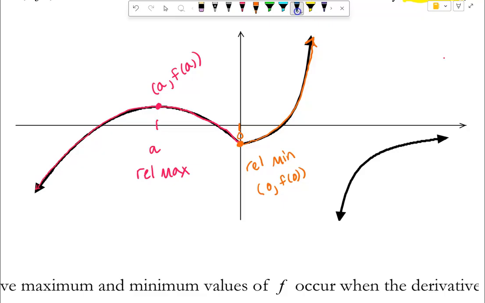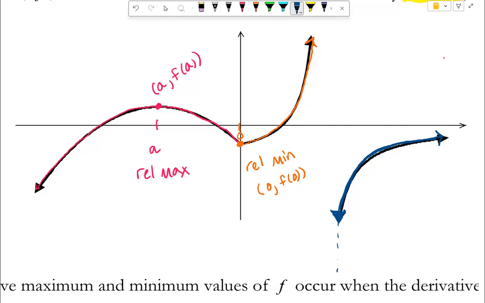All right, finally, if we look at this third piece of this function f, as I trace it, I notice that this piece is strictly increasing. So there's not any point on this curve that is going to be lower than all of the other points around it because of this arrow. This arrow suggests that this curve keeps going down.